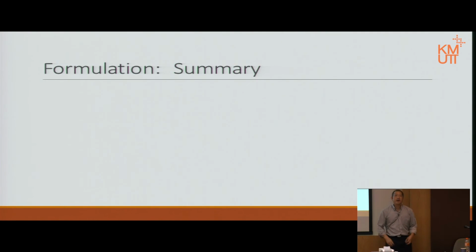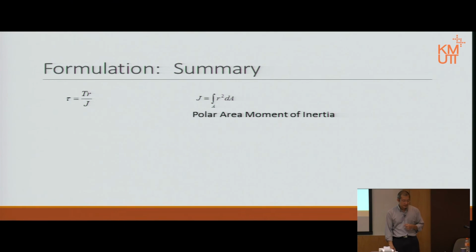Let's look at the formulation. It has been a long journey today. Let's look at what we have done. We have the expression for tau, the shear stress. This is the shear stress caused by the torsion. And we know the definition of J, the polar area moment of inertia. Then we also worked out the equation for the angle of twist.